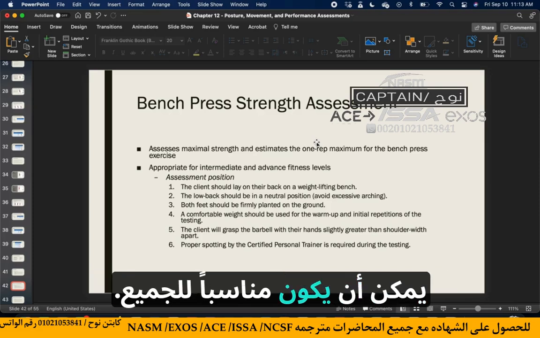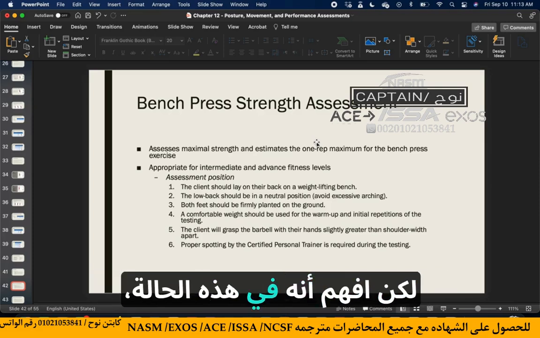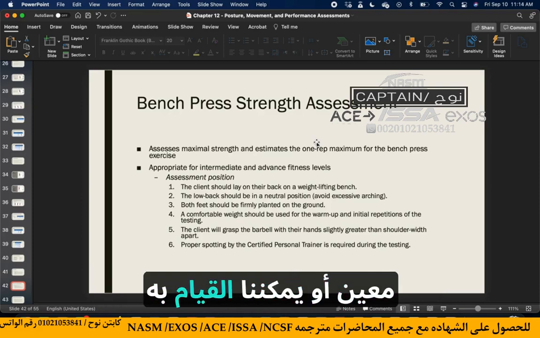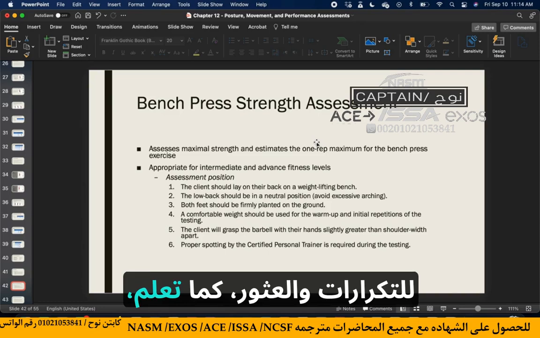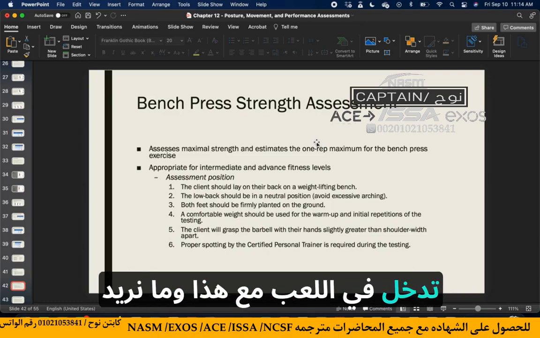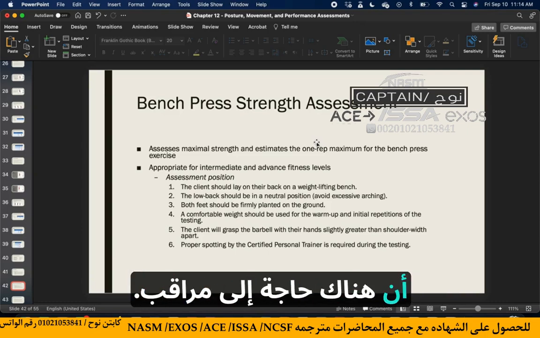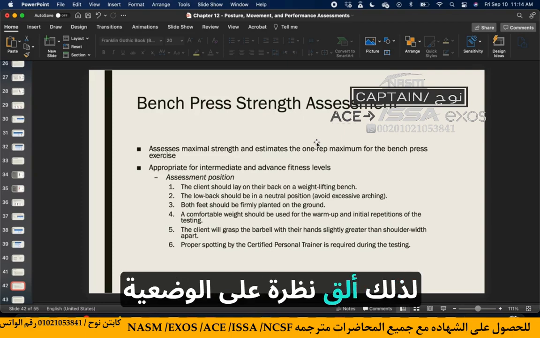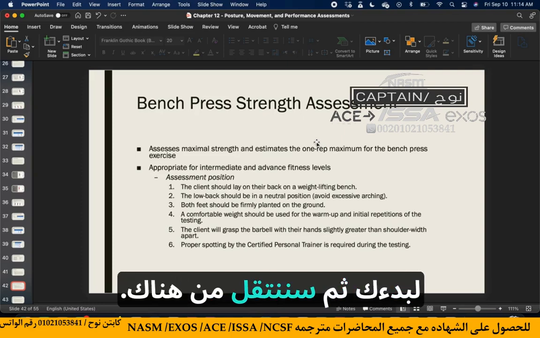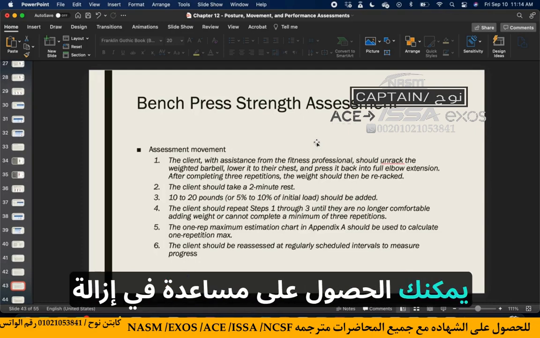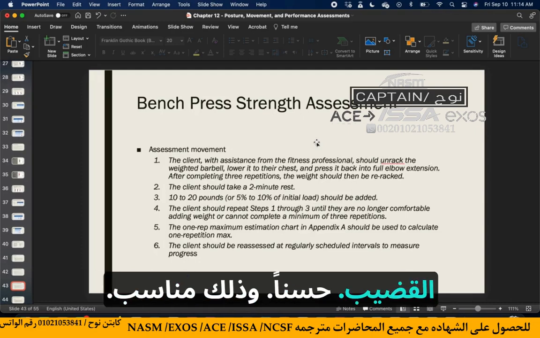It really can be appropriate for everybody, but do we really need to do it for a particular person, or could we do it for reps? There are a lot of factors that come into play with what we want to use it for. Make sure we also know that a spotter is going to be required. Take a look at the positioning for your starting, and then we'll move from there. You can have assistance unracking the bar, and that's appropriate.